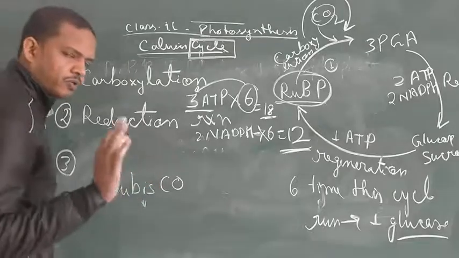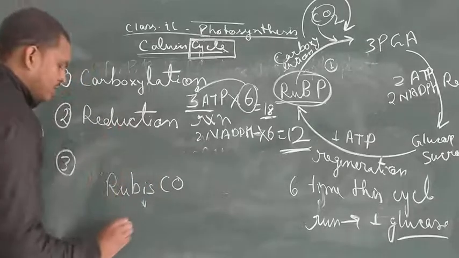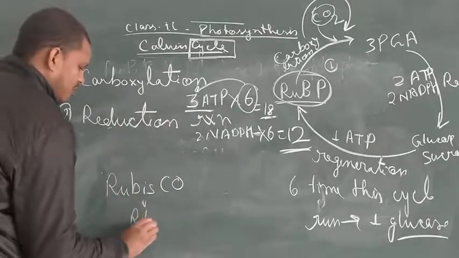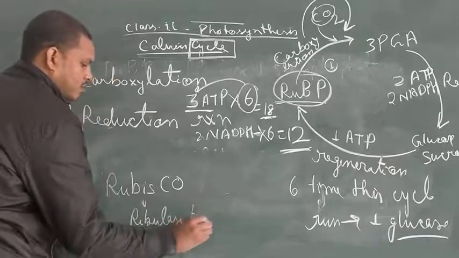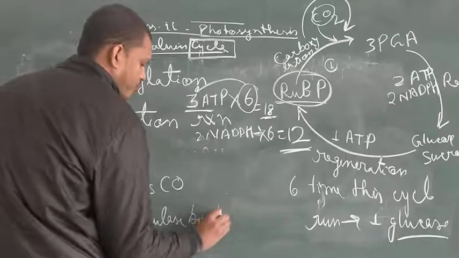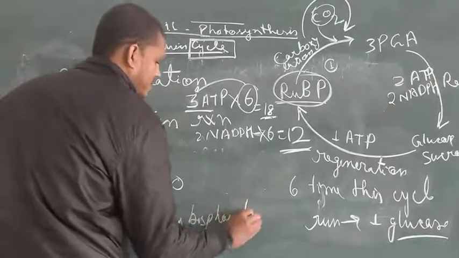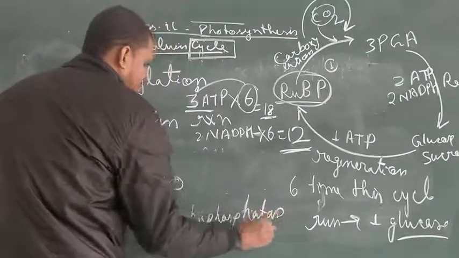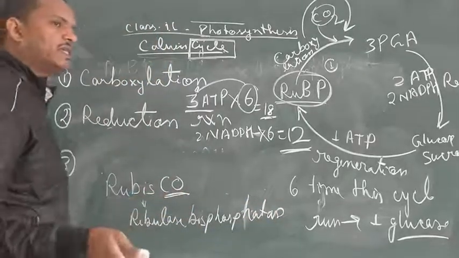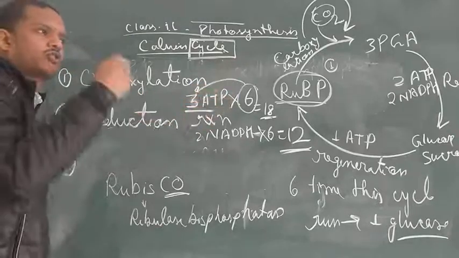The enzyme which helps in the acceptance of carbon dioxide is ribulose bisphosphate carboxylase. Now this actually is carboxylation plus oxygenation.